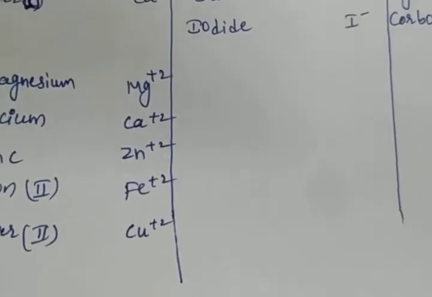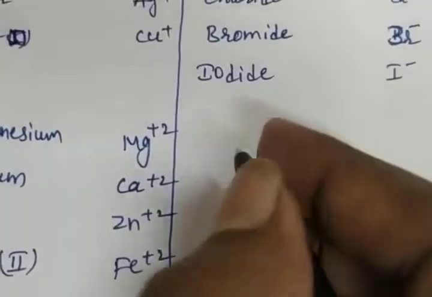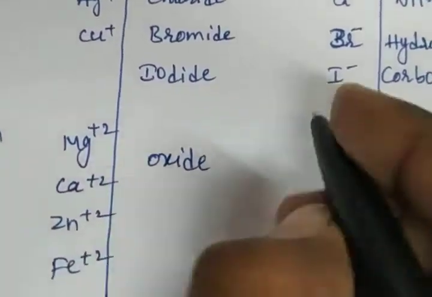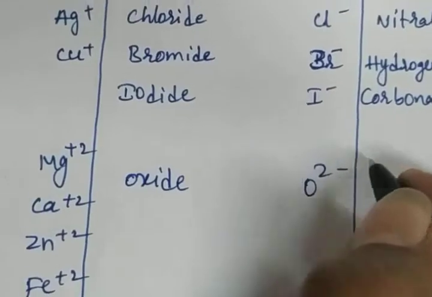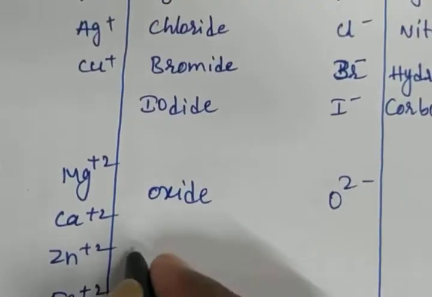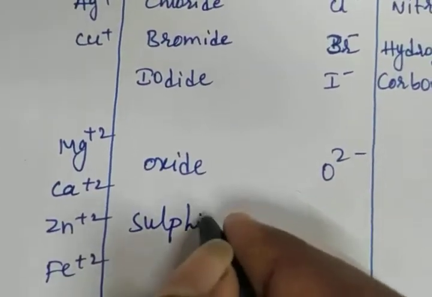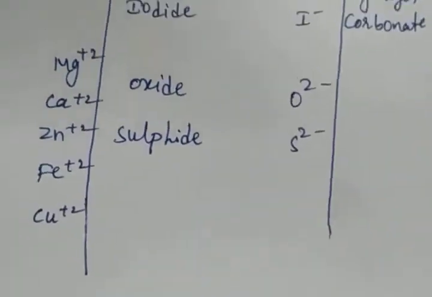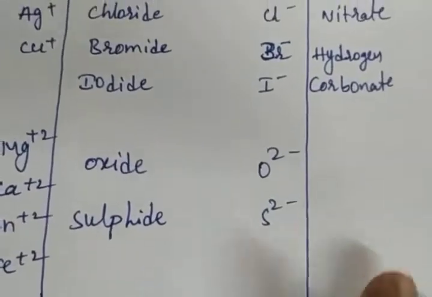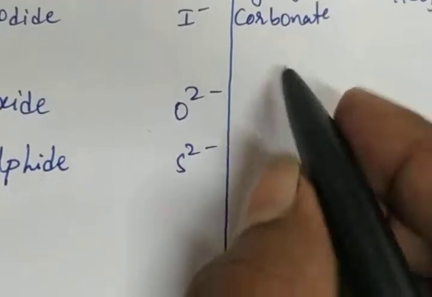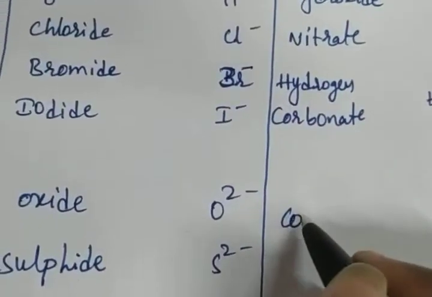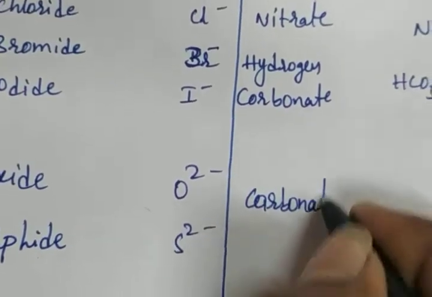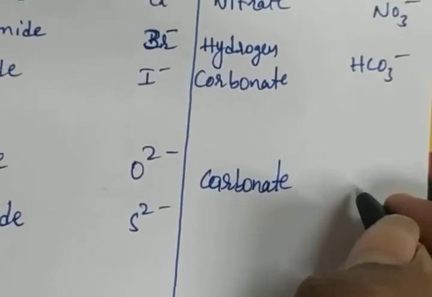And non-metallic elements: oxide, O2 minus, and sulfide, S2 minus. And polyatomic ions: carbonate, sulfite, sulfate. What is the carbonate symbol?